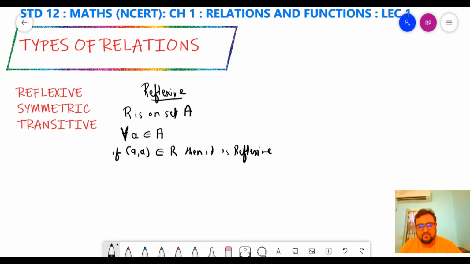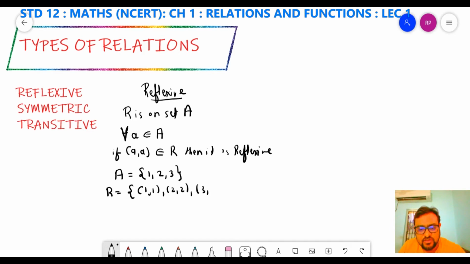Remember, every element means if the set A is such that {1, 2, 3}, right? Then the relation must include the ordered pairs (1, 1), (2, 2), (3, 3). Then this relation can be said to be a reflexive relation. Yeah, so if it includes (1, 2), then it's okay.